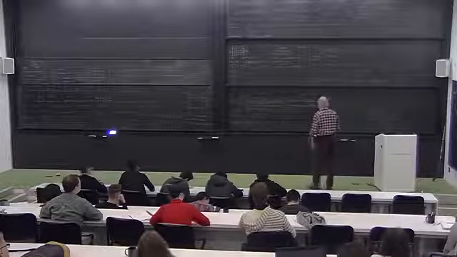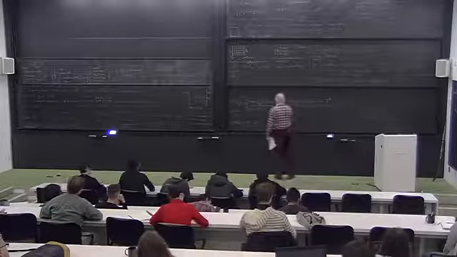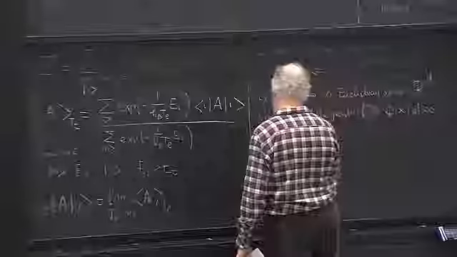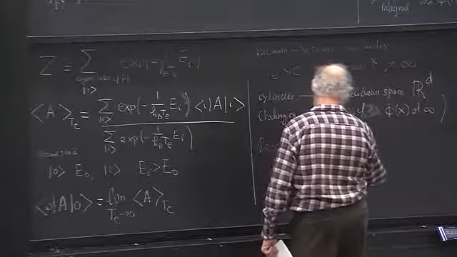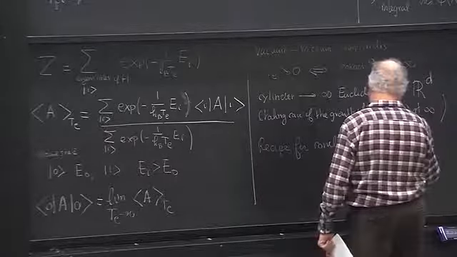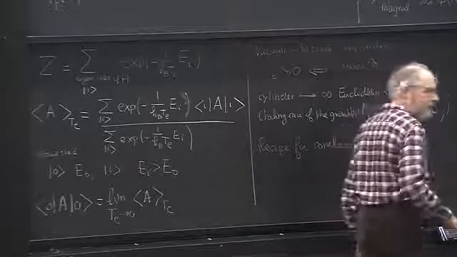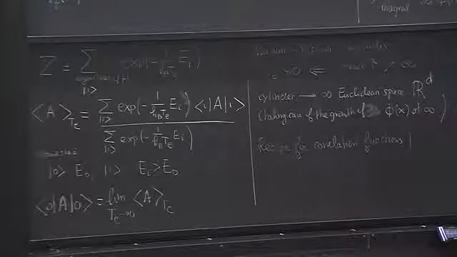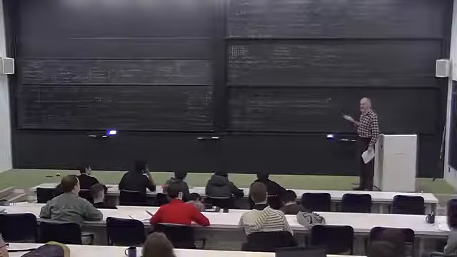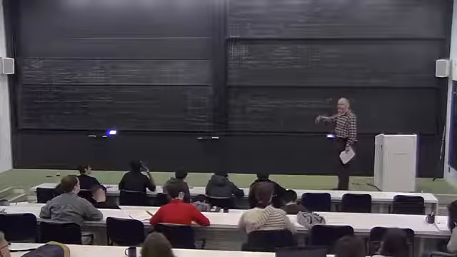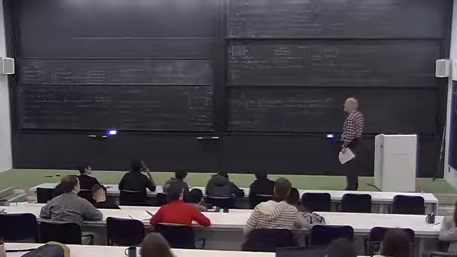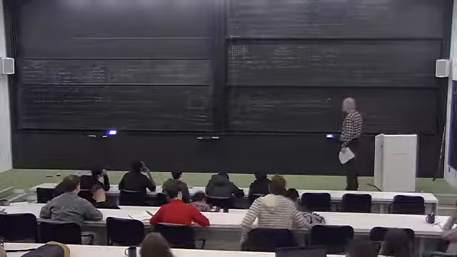Okay, so that's a recipe. And that's not specific to the free field. We expect that it is going to be true for any theory, any quantum theory, either quantum mechanics or relativistic quantum field theory. Okay.